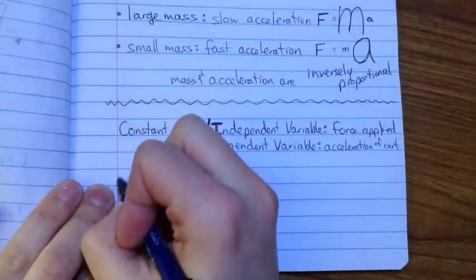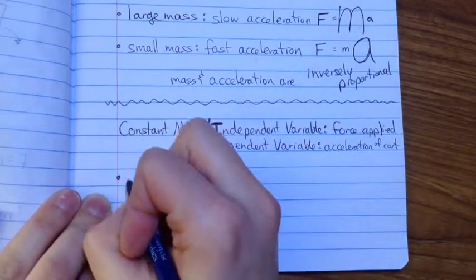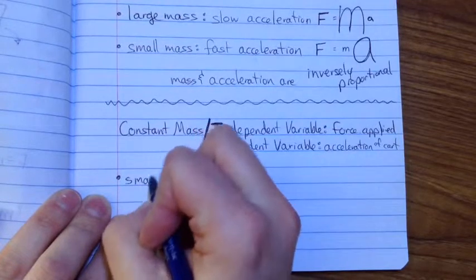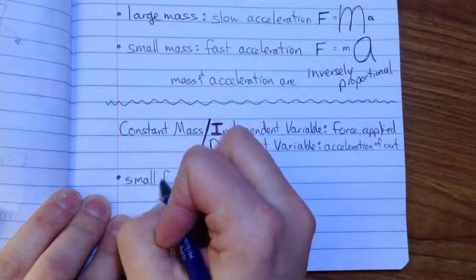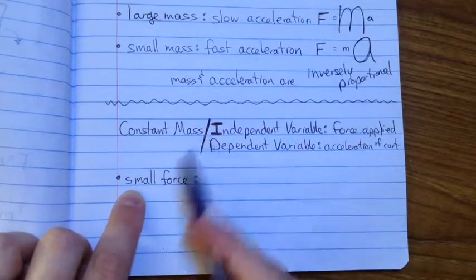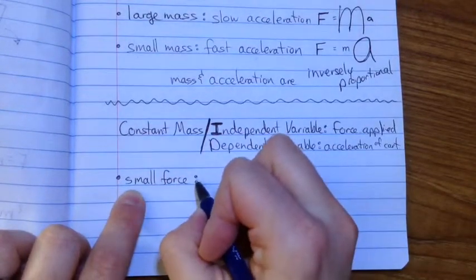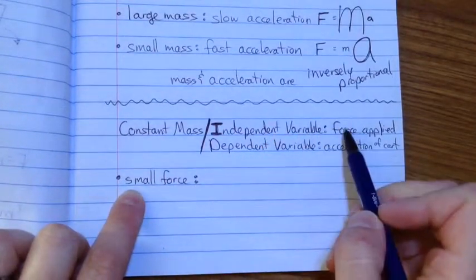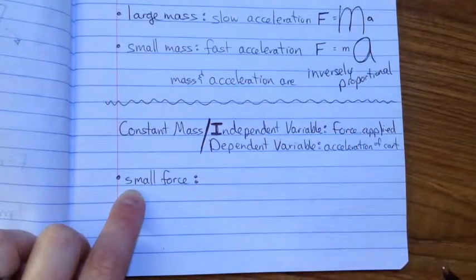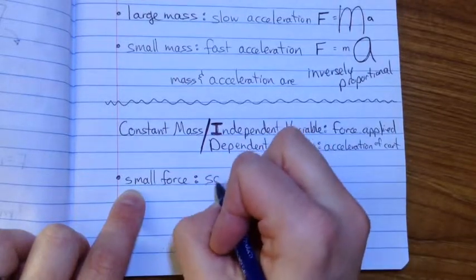Okay, so first we started off in this situation with the constant mass and a small force. My independent variable is force, and the dependent variable, the resulting acceleration, was what? Slow. A slow acceleration.